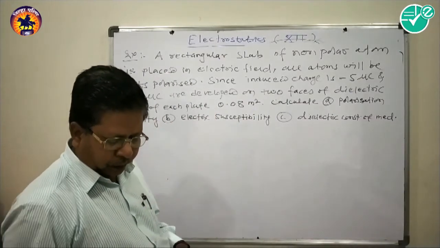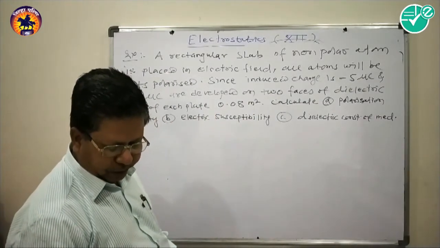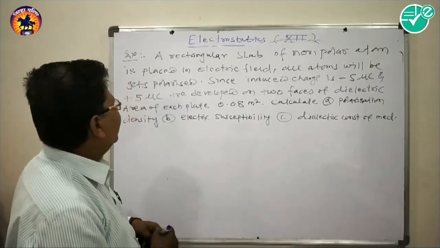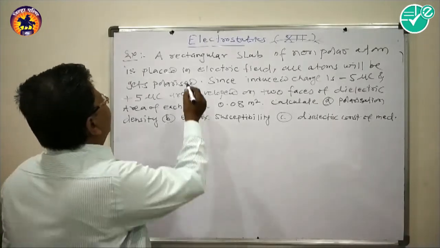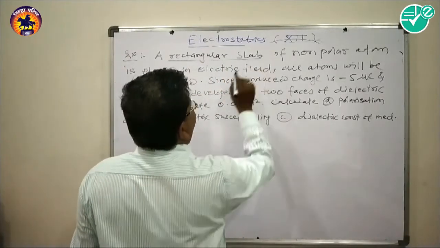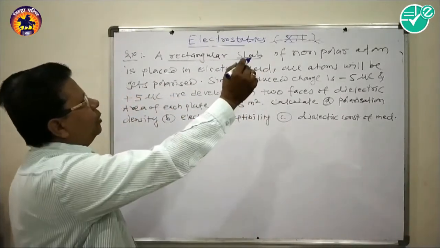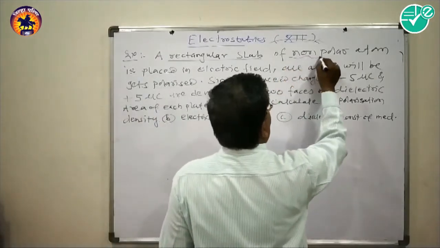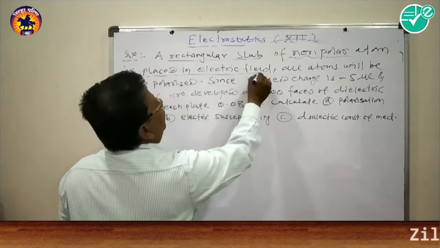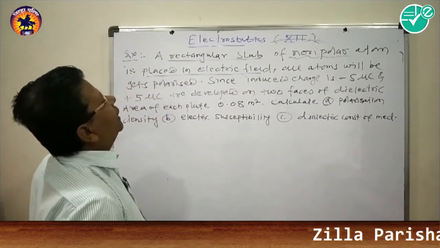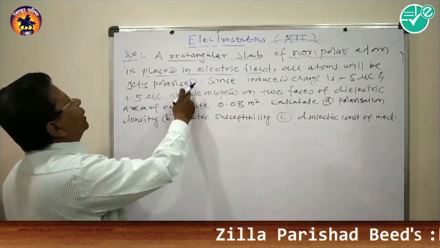So this numerical is based on today's article. Here, a rectangular slab of non-polar atoms is placed in an electric field, then all atoms will get polarized.